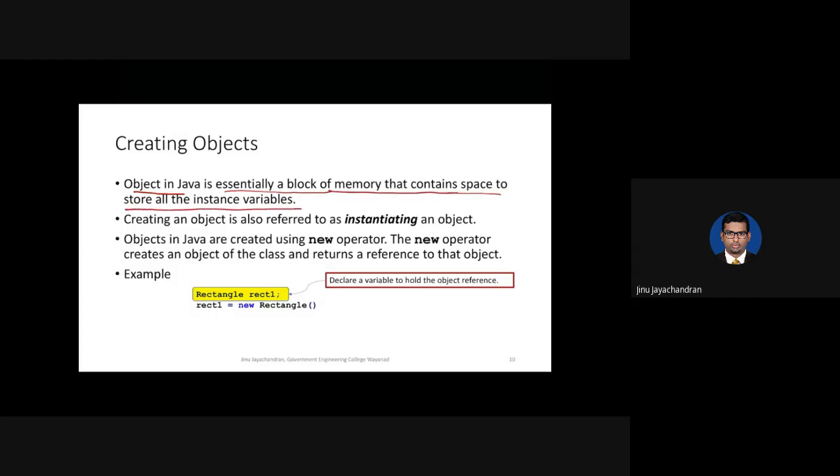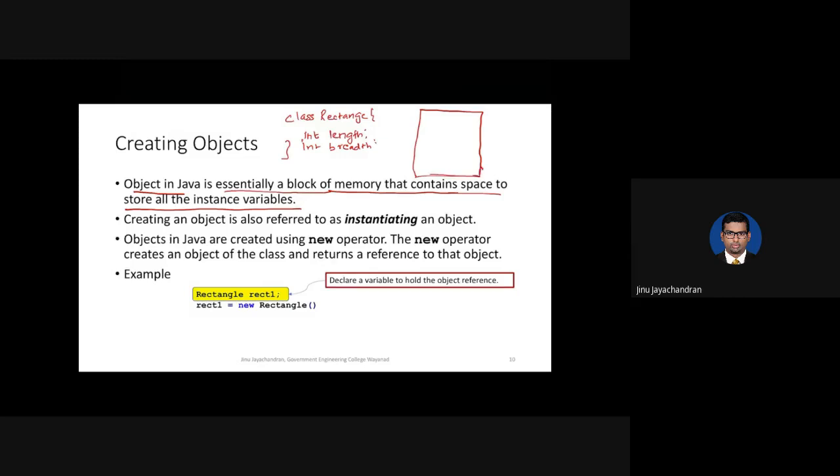For example, we saw the class Rectangle. Rectangle has two data variables or two fields, int length and int breadth. There are also some methods inside it. So what the program does is it will create a memory.